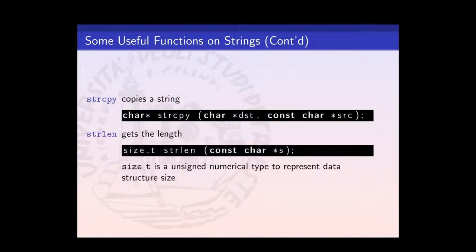And this is the point. Other two useful functions are the string copy function, which is meant to copy, again, the content of an array of characters into an array of characters up to the string terminator, again, okay?